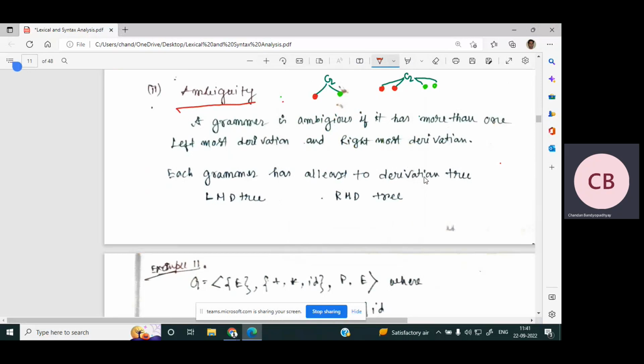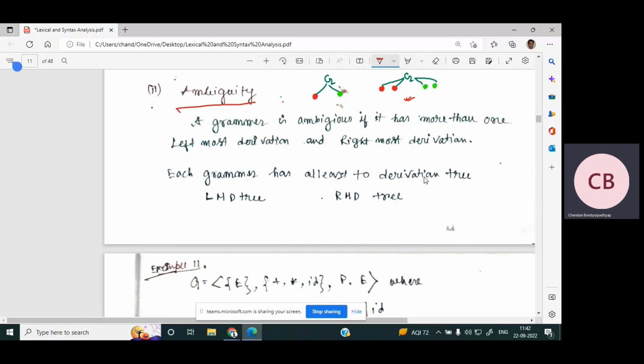This is our assumption. For a grammar, we will definitely get a red dot and a green dot. But if we deviate from that condition, that means a confusing situation is there. In that case, this tree, the second one that I have given here, is an ambiguous tree. Ambiguity means when we are confused, that scenario is considered an ambiguous situation.